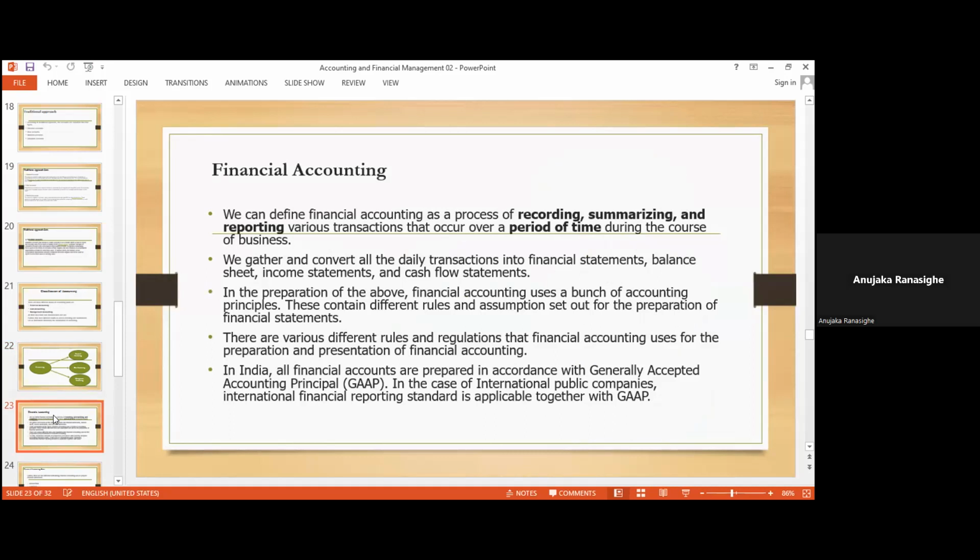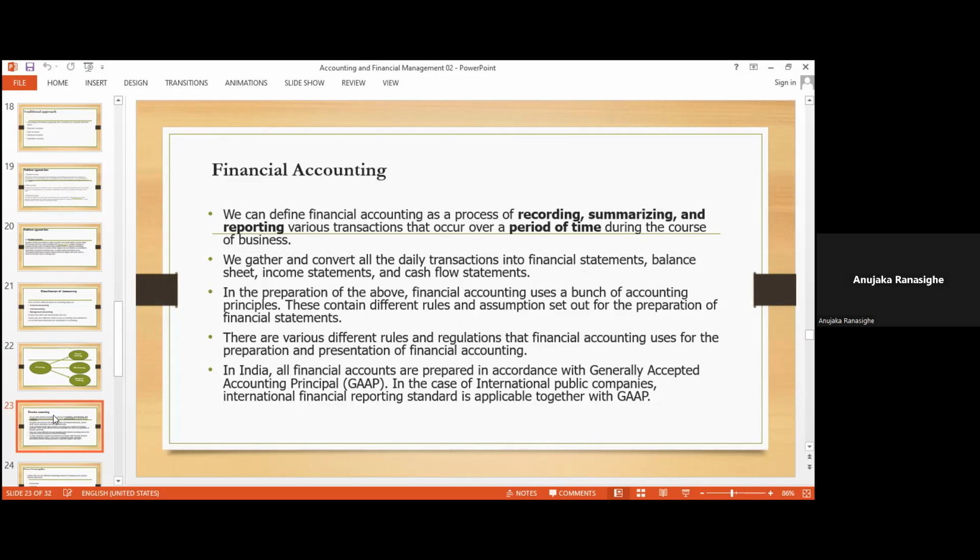We can define financial accounting as the process of recording, summarizing, and reporting. We told you earlier, in the last lesson. Recording, summarizing, and reporting.